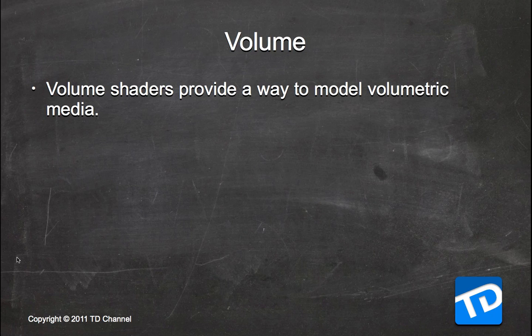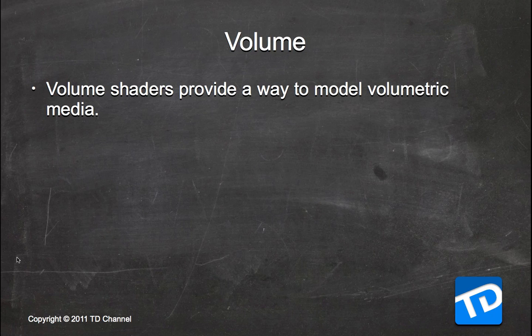Volume shaders, when you think about it, the world we live in has millions and millions of microscopic particles flying everywhere through our environment. In CG, that is usually not present. You can think of CG as being rendered usually inside a vacuum where there's no participating media.